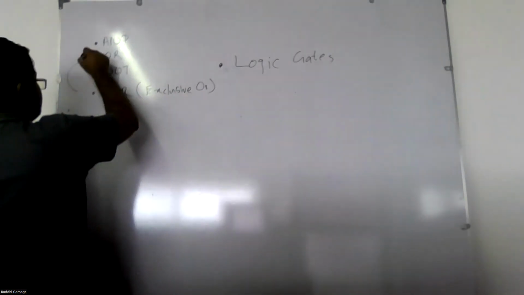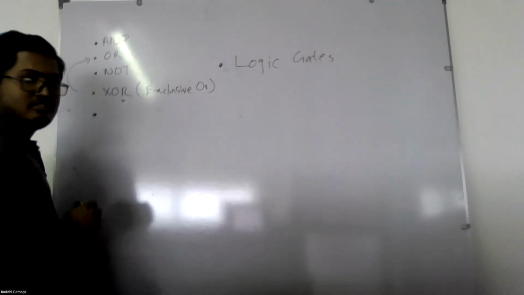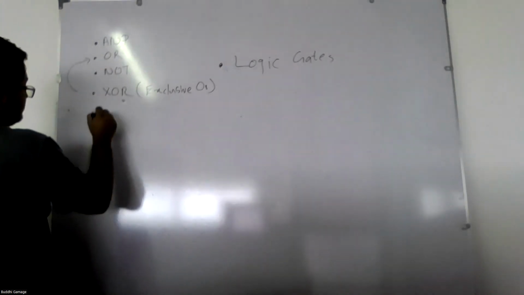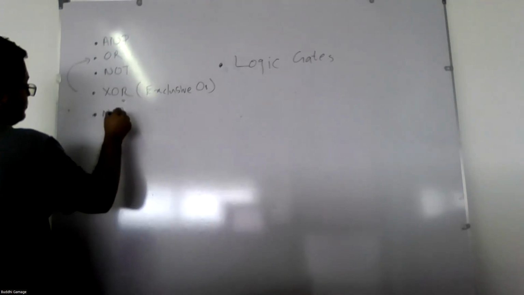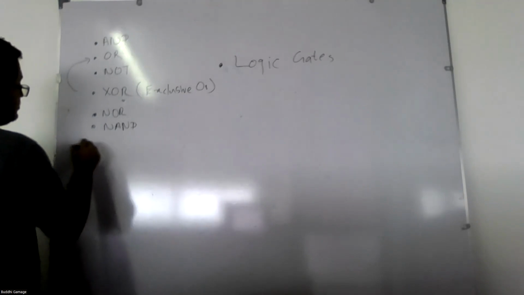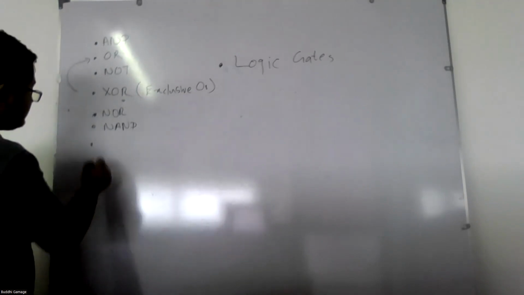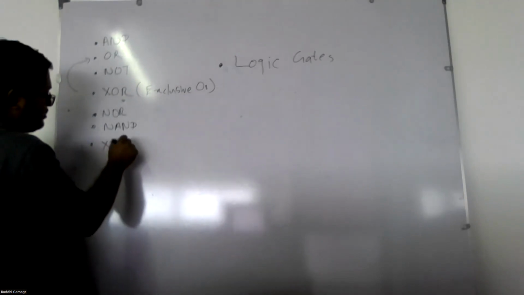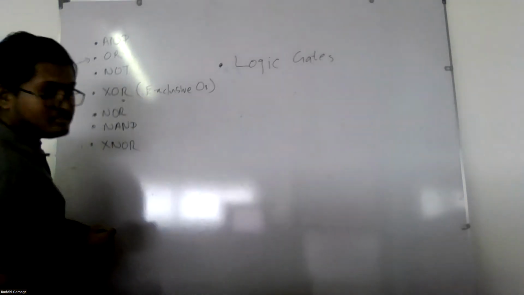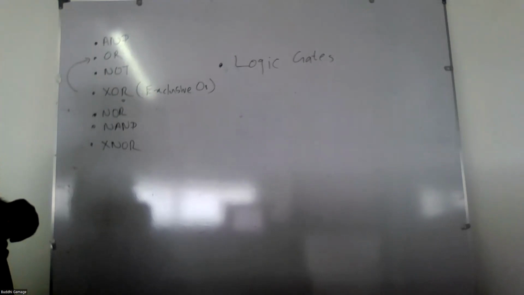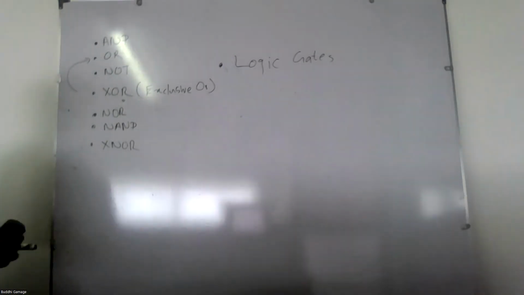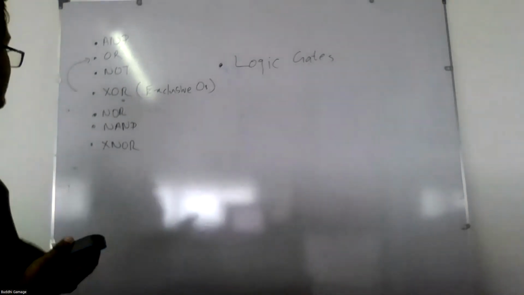Something similar to this. So OR and then the next operations. So 2, 3, 4, 5, 6, 7. These 7 gates are included in your syllabus.